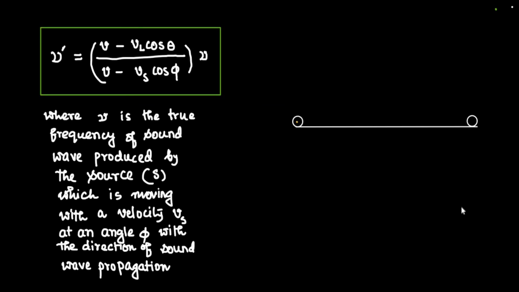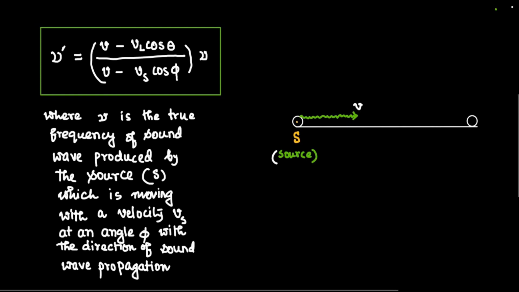In the diagram, S is the source of sound wave which produces sound wave in all directions. From the source, sound wave is traveling with a velocity v towards the listener. v is the velocity of sound wave, and the source moves in this direction with a velocity vS at an angle phi with the direction of sound wave propagation.